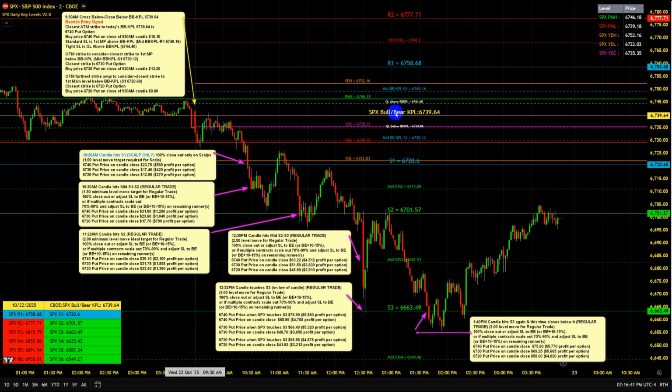So a standard stop loss in a bearish play is we look to the first mid-level above the level that we're trading, and in this case it's mid BBKPL R1, and that's 67.4916. So that is your standard stop loss. Your tight stop loss is the first QL level above the level you're trading. So in this case, QL above BBKPL 67.4440.